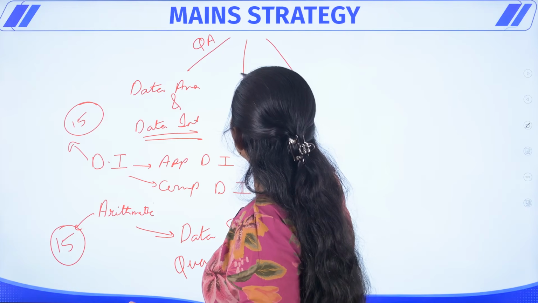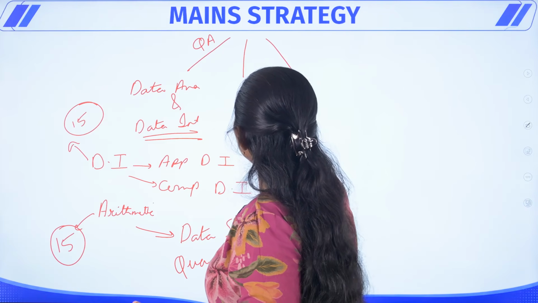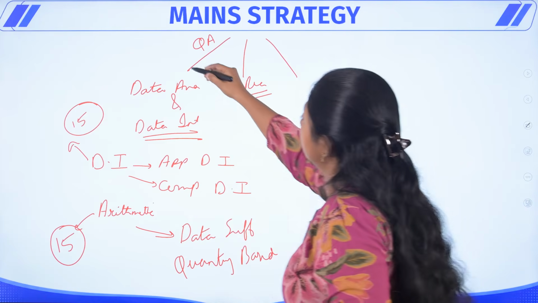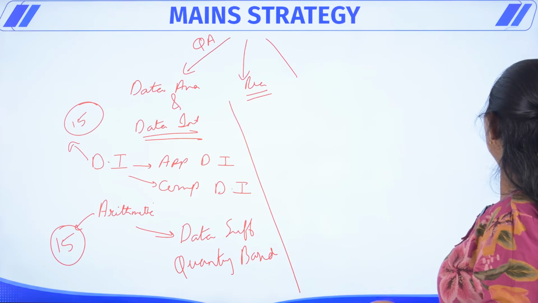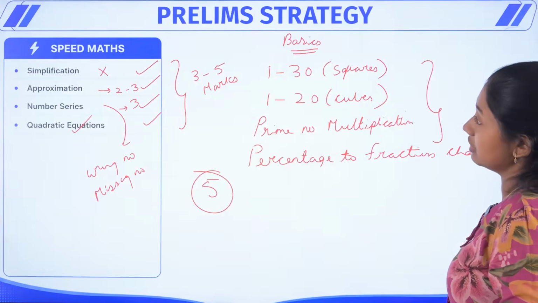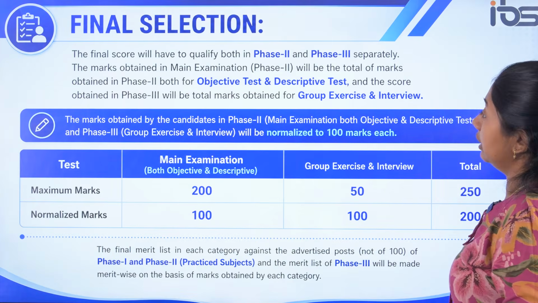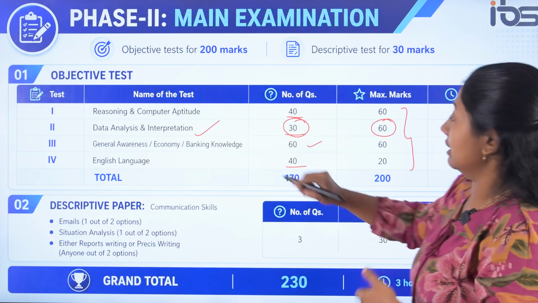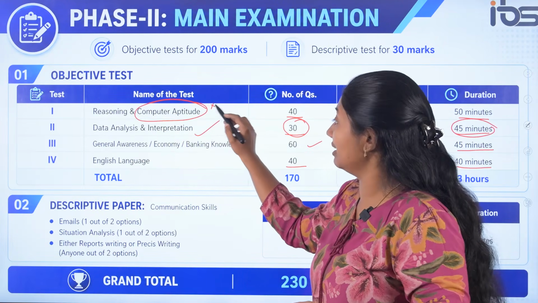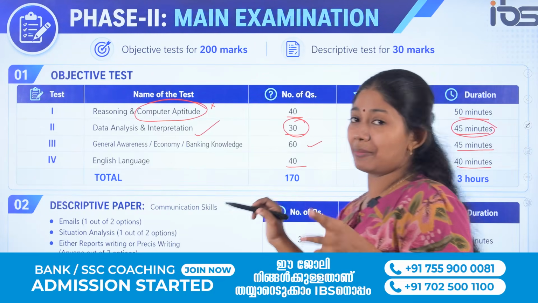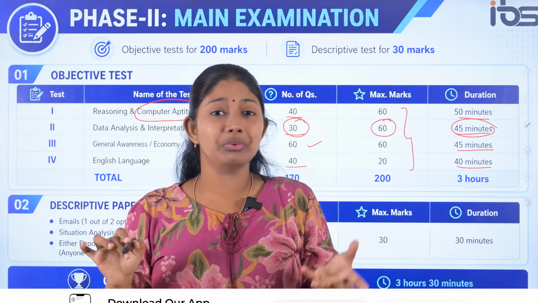Then you have the reasoning portion. So this is the data QA. If you look at the reasoning, see how much its weightage is. Reasoning and computer. Computer questions generally they will not ask you, only reasoning. Computer aptitude in the sense like input output questions will be asked.